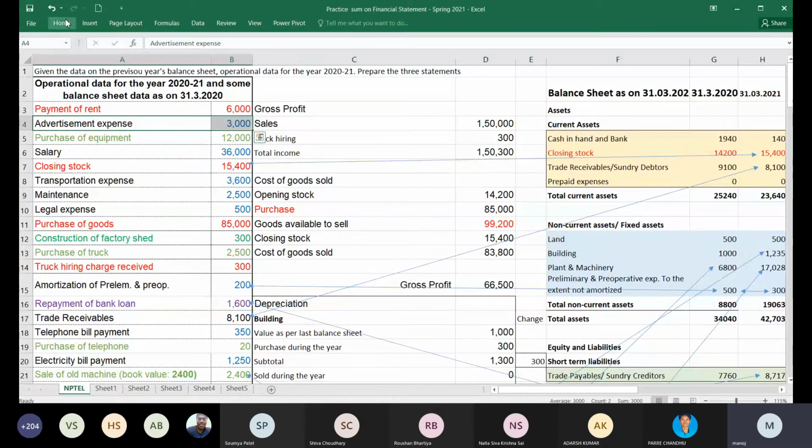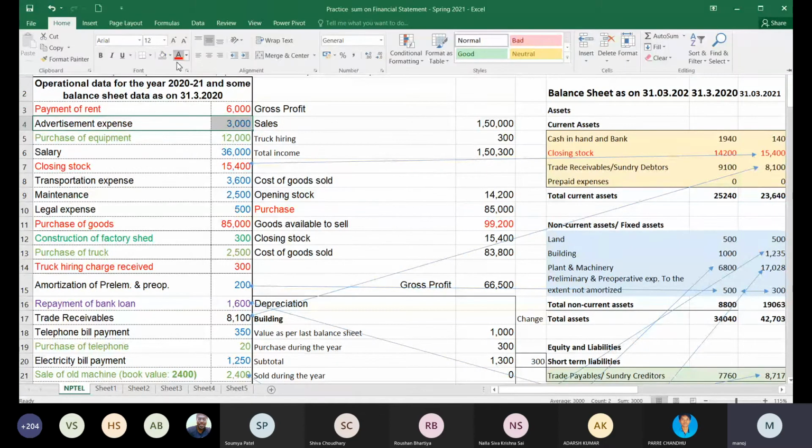Advertisement expense is also an operational expense because you incur the advertisement expense. If it is a small sum, then nothing remains. Suppose you advertise in a Durga Puja pandal. Who will remember you after a year?